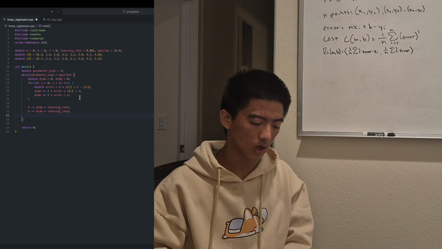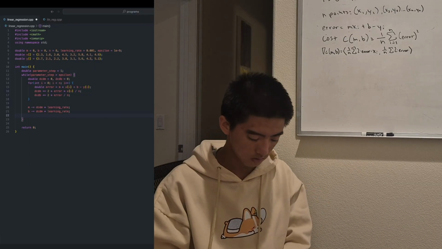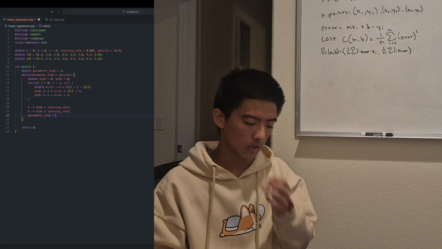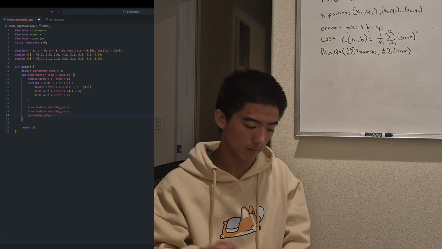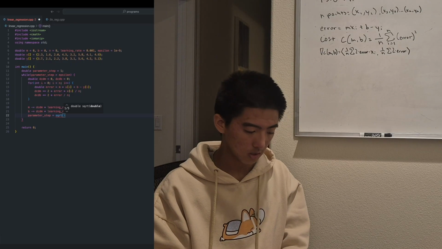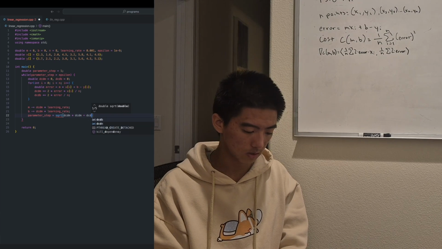And the last thing is to update our parameter step. We're going to find how big the parameter step is now. So parameter step is going to be equal to the magnitude of the change in parameters. So the magnitude would be the square root of each partial derivative squared, so dcdm squared plus dcdb squared.